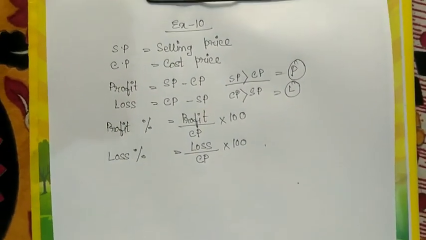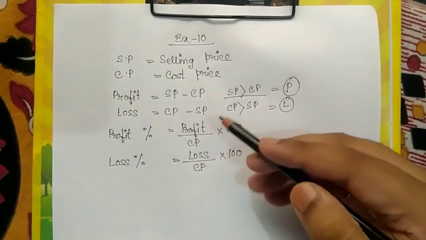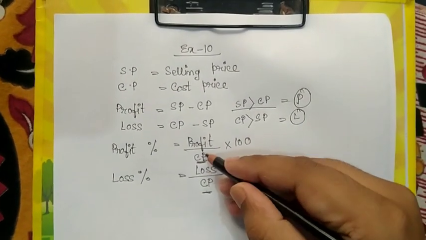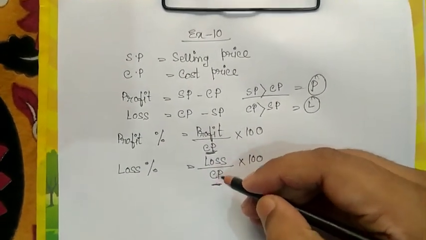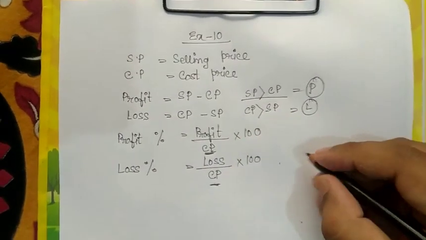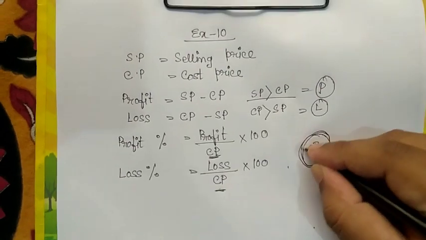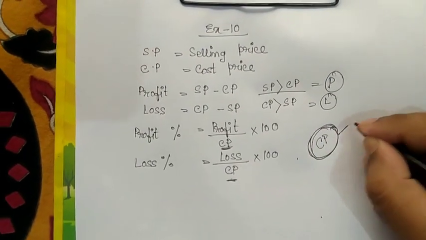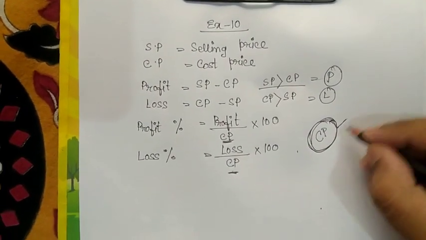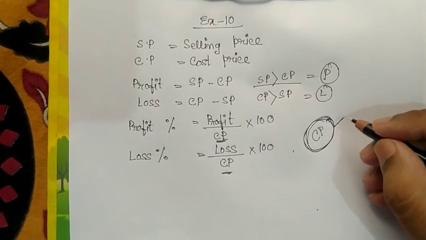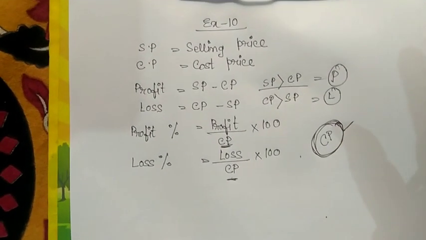And one more thing, in these two formulas you see that CP means cost price. So therefore, in any question, this is the key thing. If CP is given, then the sum is easy.